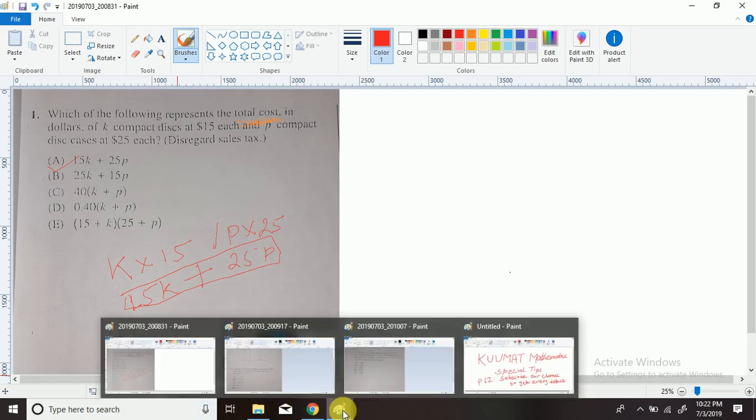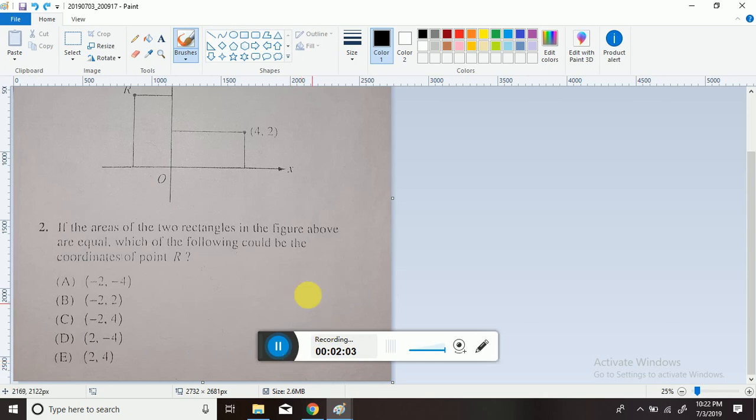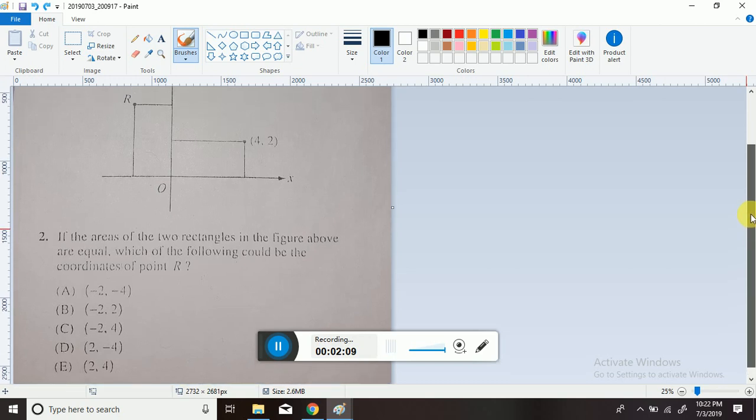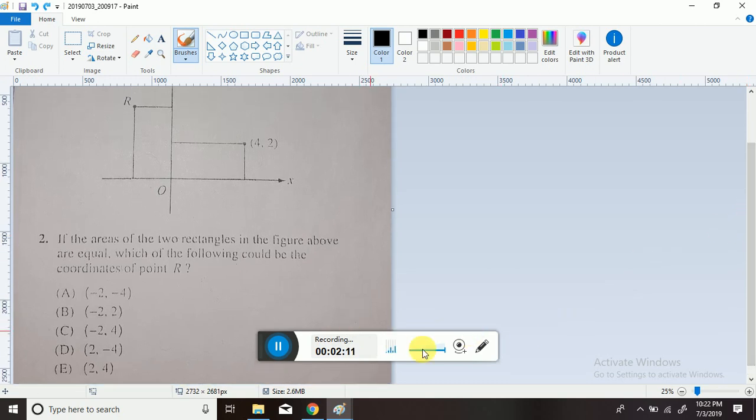Now the next question. Please see the question very carefully. Here is the condition provided: the areas of the two rectangles in the figure above are equal. In the figure, there are two rectangles and the area is equal in both cases.